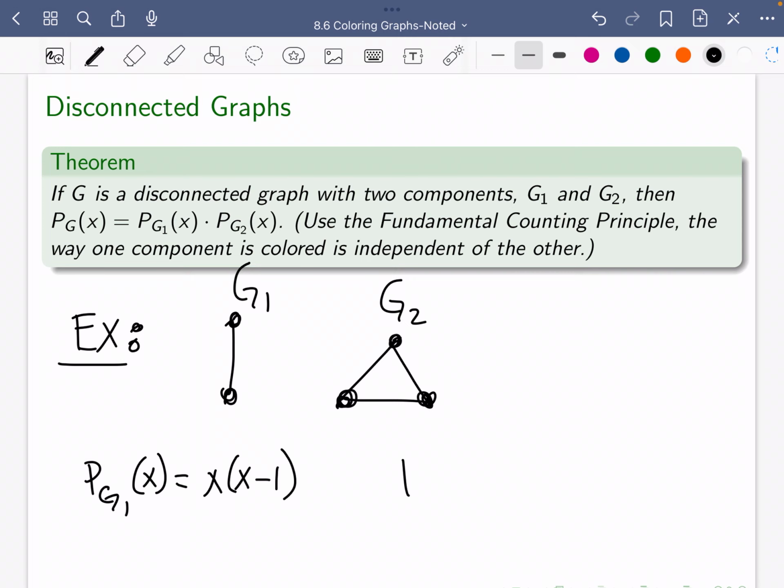The polynomial associated with G2 is x times (x minus 1) times (x minus 2).